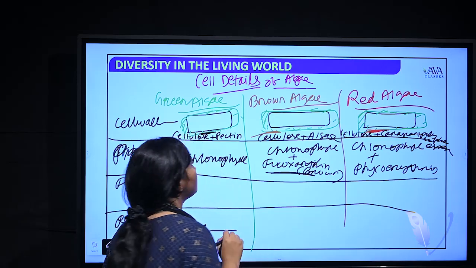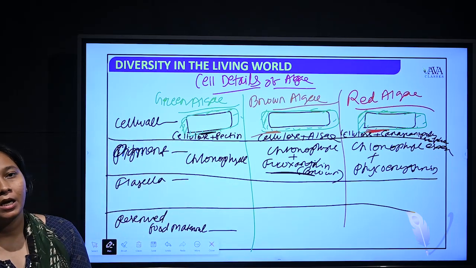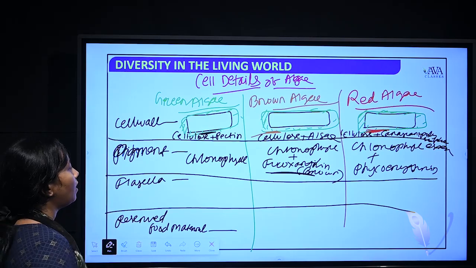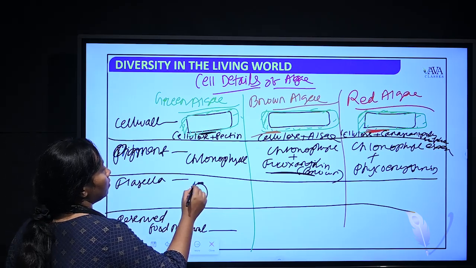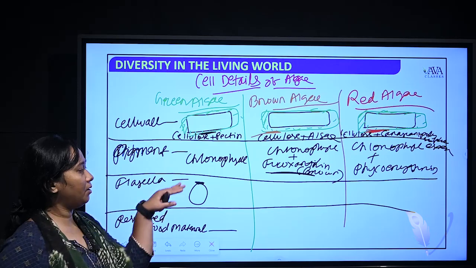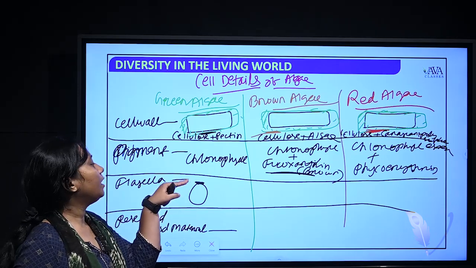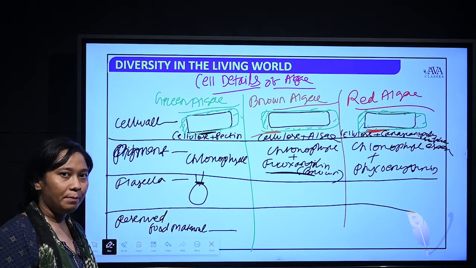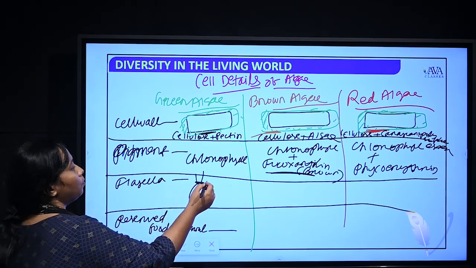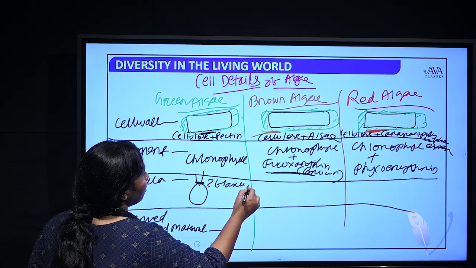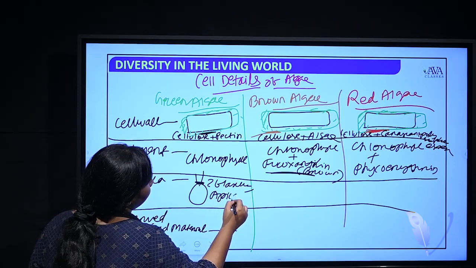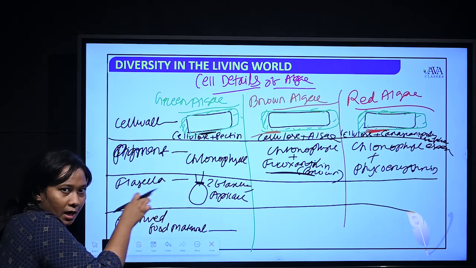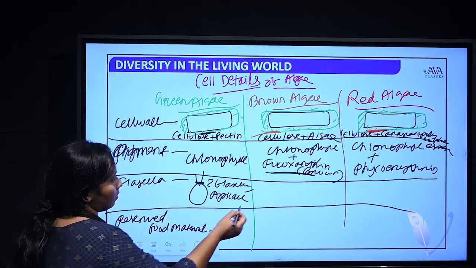Let's talk about their flagella. In green algae you will see apical flagella. This is the anterior part and this is the posterior part; in the anterior part, flagella are called apical flagella, and here you will see two flagella. If you see flagella in this part, it is called lateral flagella.